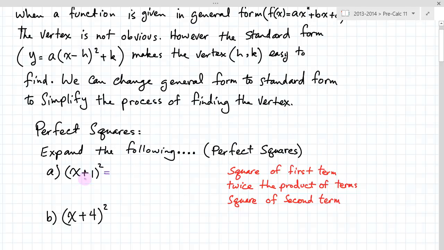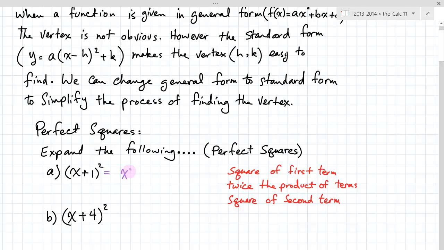But we're not grade 9 anymore, right? We've already done this. Square the first term, twice the product of the two terms, and square of the second term. We already know the result is going to look like that. So that's exactly what we're going to do.